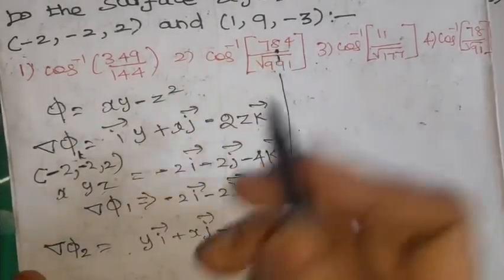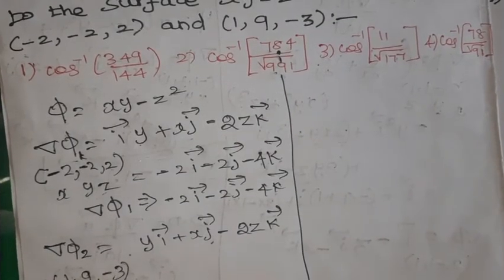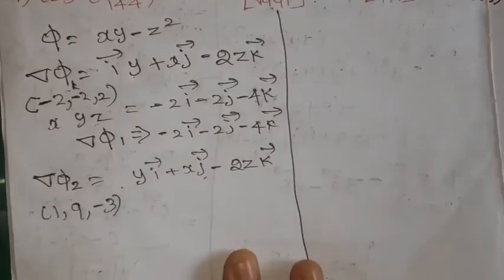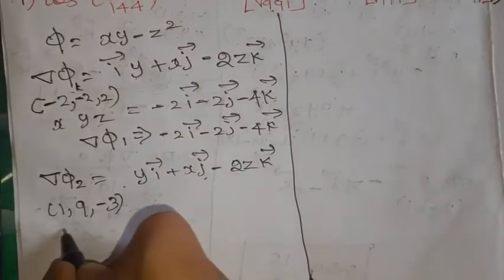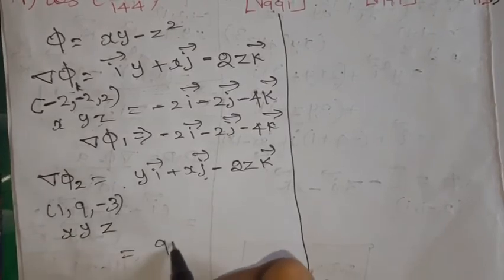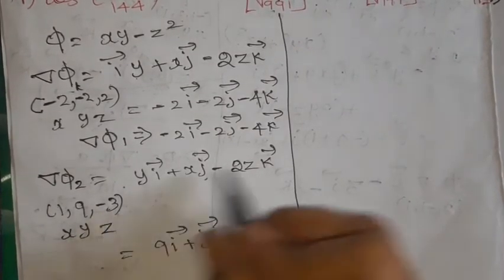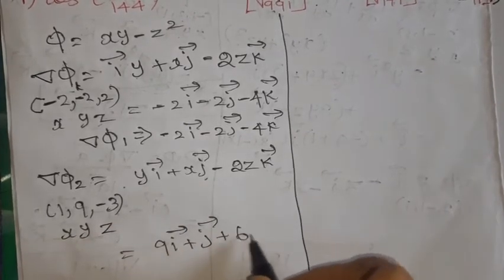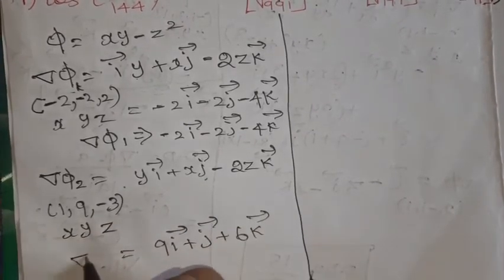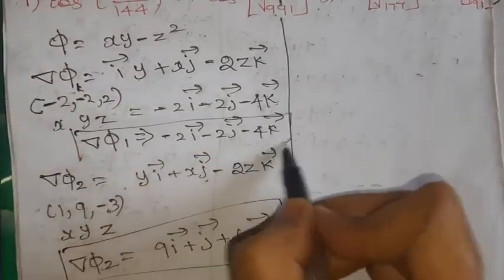What is the second point? 1 comma 9 comma minus 3. Just substitute the x, y values in this equation. y equal to 9i, x equal to plus 1, j, minus into minus plus 6k. So this is del phi 2, and that was del phi 1.